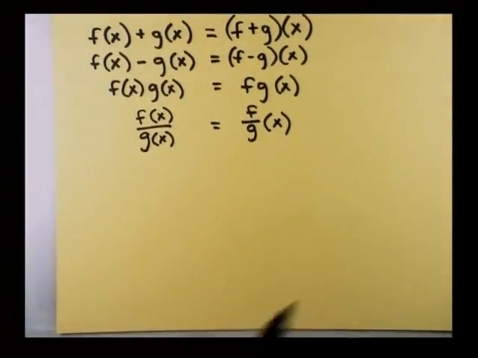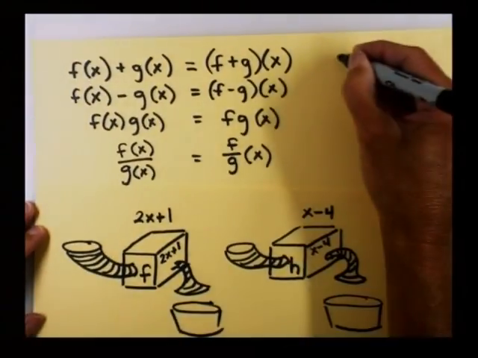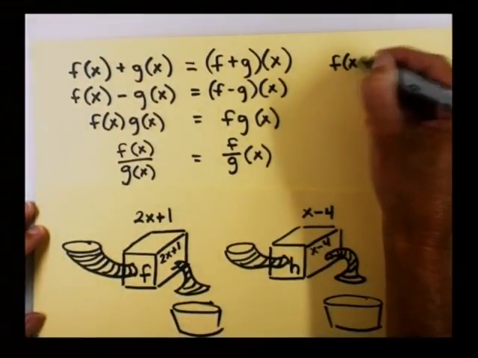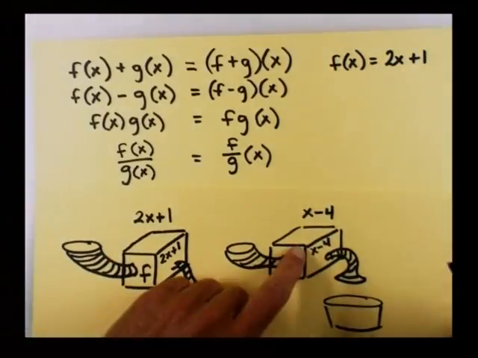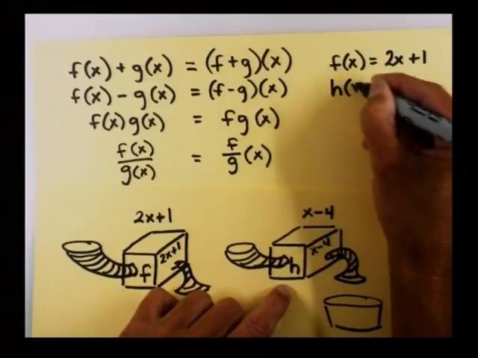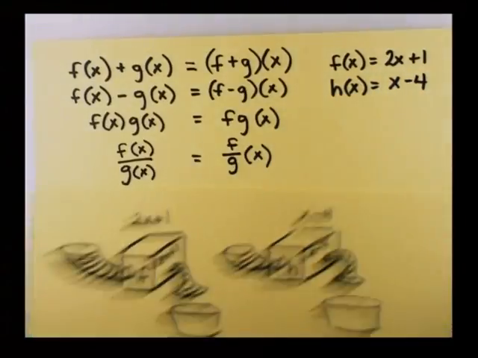Remember again, our f function, I'm going to continue using these, was 2x plus 1, and our h function, h of x, was x minus 4.